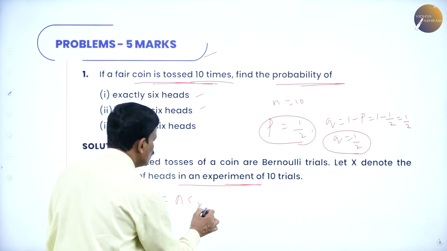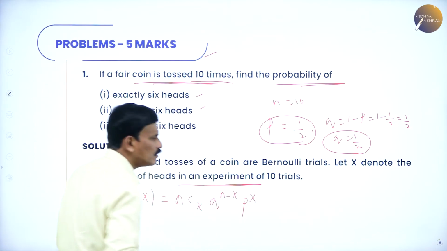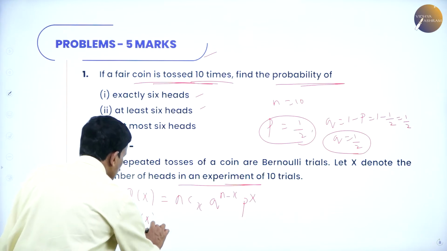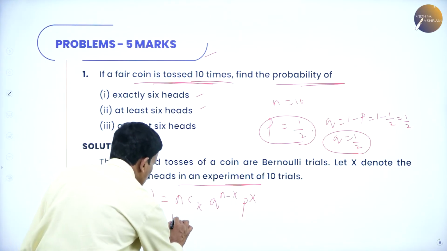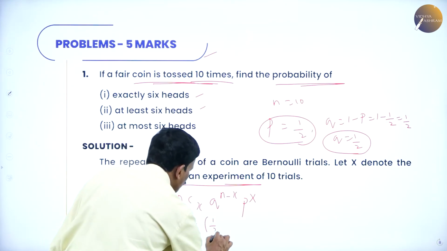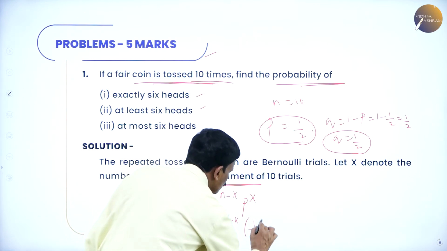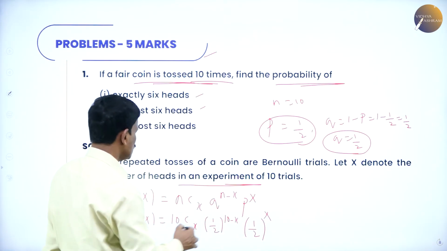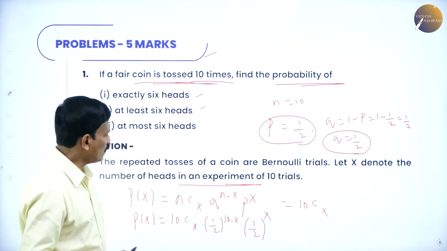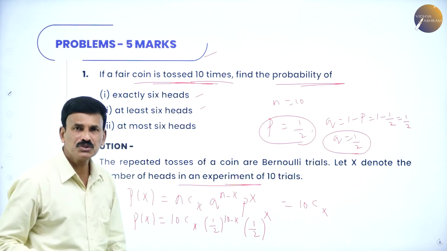Substituting the values, P of x is equal to 10Cx into 1 by 2 to the power of 10 minus x, into 1 by 2 to the power of x.